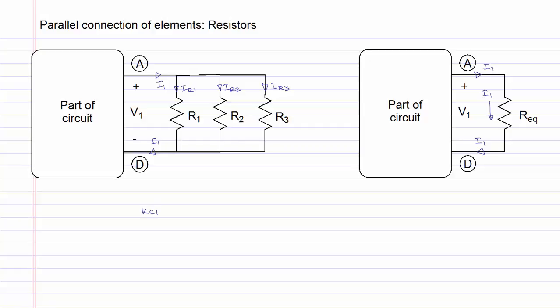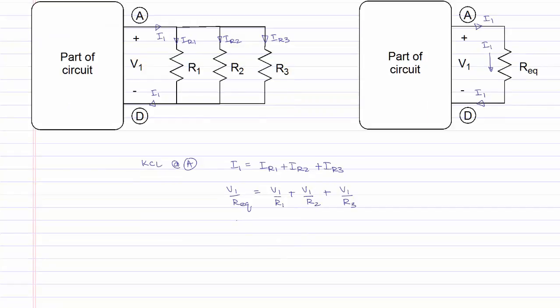Consider the circuit on the left and we write a KCL at node A. The current entering will be I1, and this must be equal to the current leaving node A, which is IR1 plus IR2 plus IR3. From the right-hand side circuit, we can write that I1 is equal to V1 over REQ, and similarly for the other currents, we can write IR1 is V1 over R1, and so on.